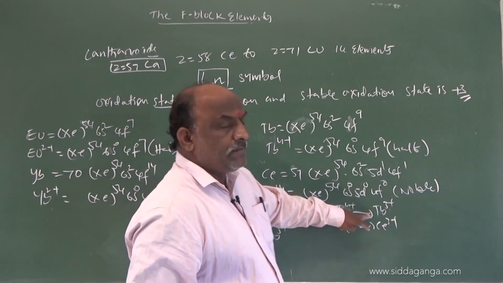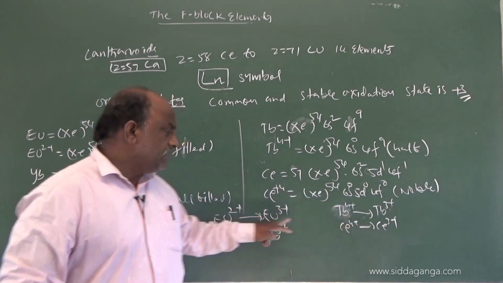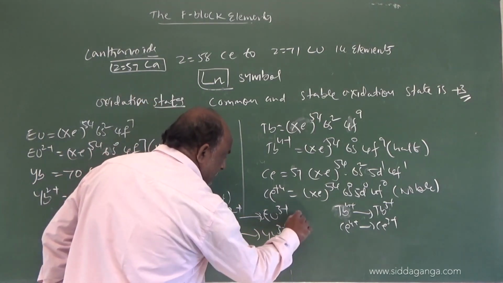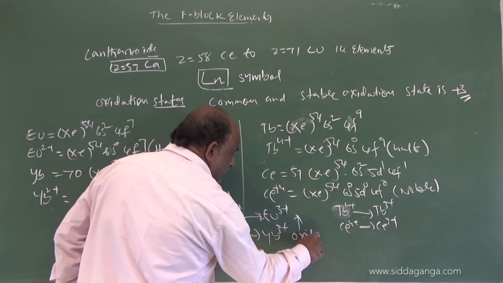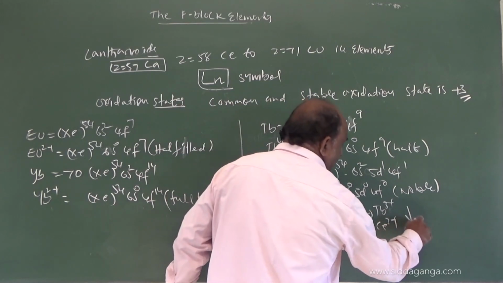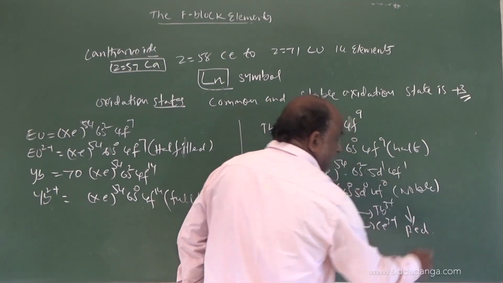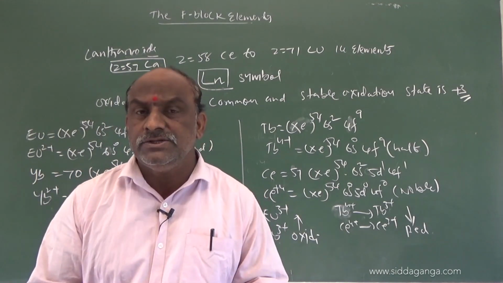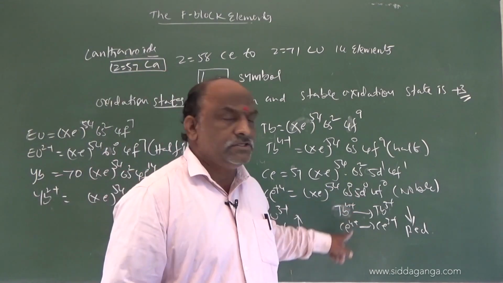Here in these examples oxidation number increases, in these examples oxidation number decreases. Oxidation state increases means oxidation reactions, oxidation number decreases means reduction reactions, and species involved in oxidation are reducing agents and in reduction, oxidizing agents.